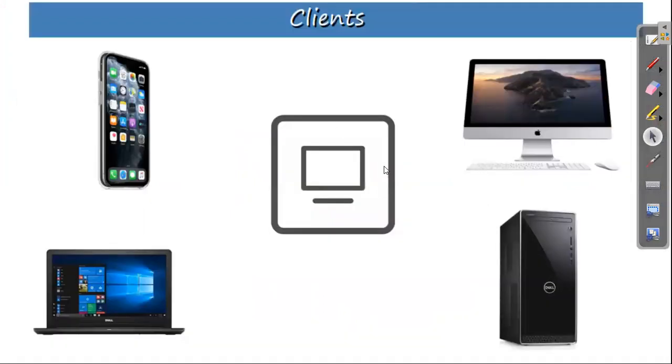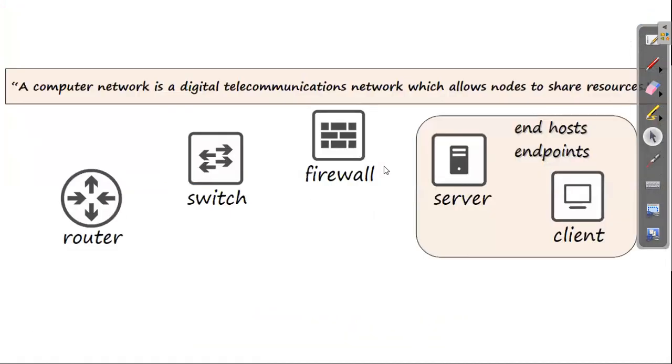As I told you, the router is used to connect different networks, while the switch is especially used for the purpose of connecting multiple devices. So if you want to connect multiple devices in a network, then you need a switch.